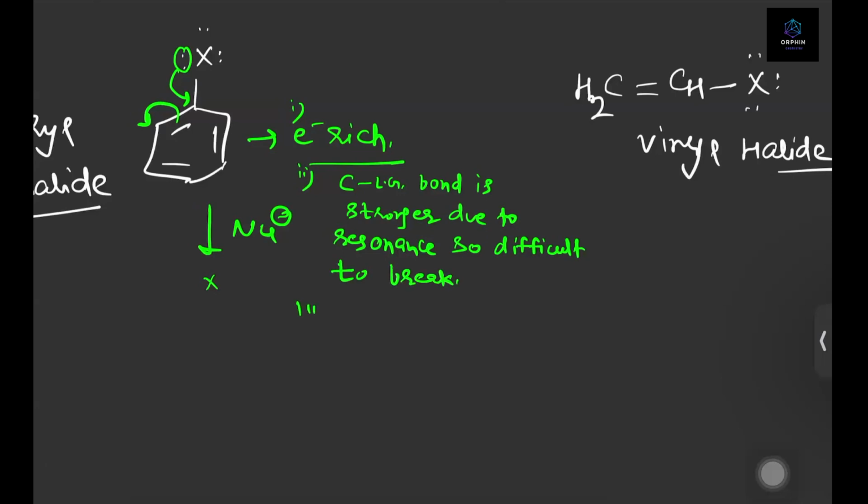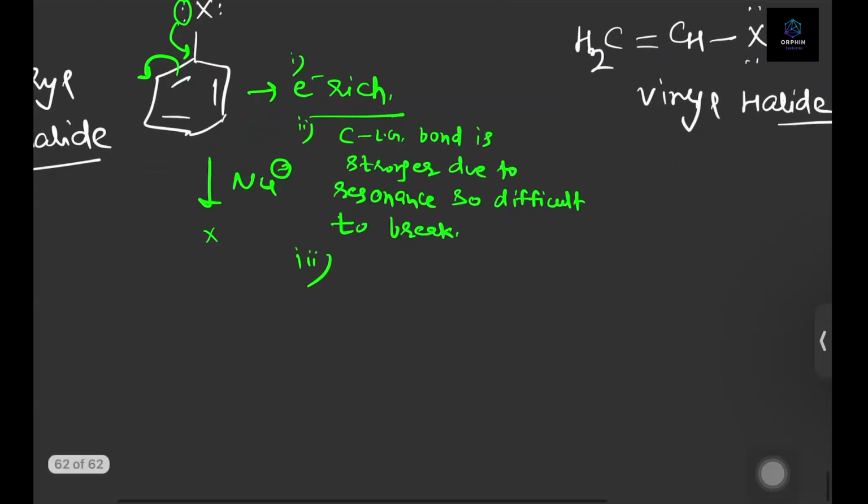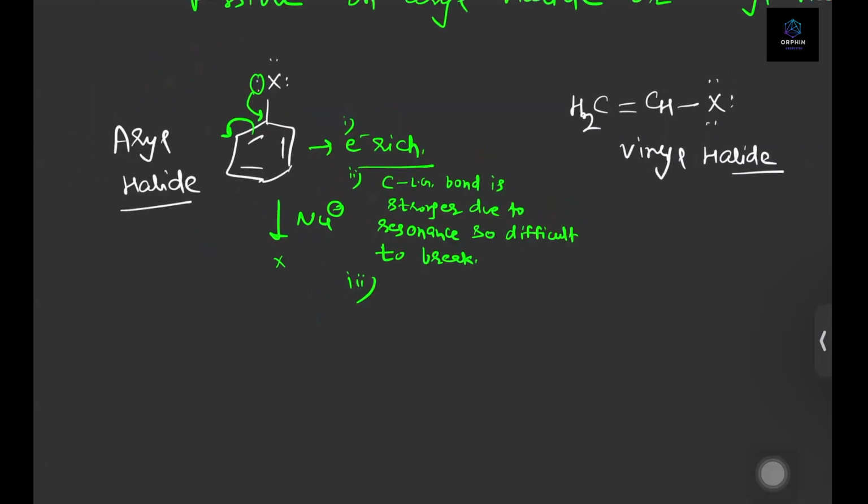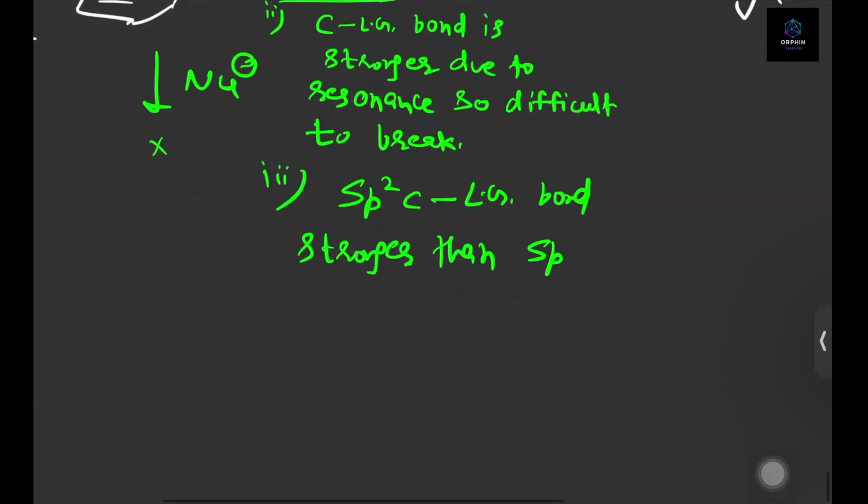Third thing is that this leaving group is attached to the sp2 hybrid carbon. That carbon is sp2 hybridized. So the sp2 carbon leaving group bond is also stronger than the sp3 carbon leaving group bond.